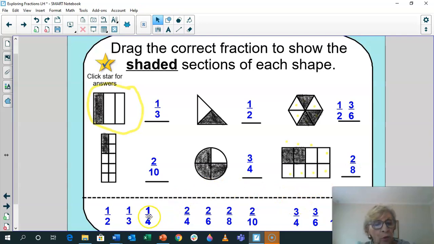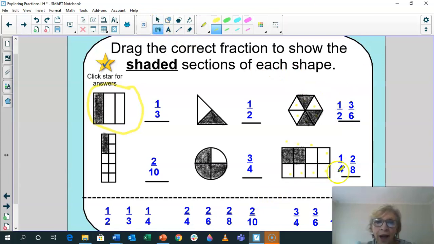But that is also, just as a matter of interest, 1/4. Can you see why? I will show you. So here, if you look at this diagram, it's 8 equal parts, but there's a quarter and a quarter. There are my 4 equal parts. So 1/4 is the same as 2/8.